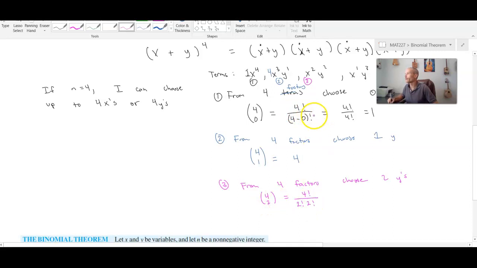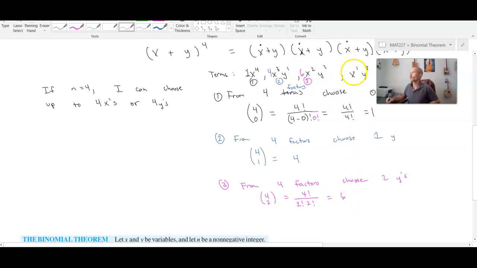And I think up here I forgot the 0 factorial term, and that's equal to 1. So this is 4 factorial over 4 factorial. And so this is going to come out to 6. 4 times 3 is 12 divided by 2 will give me 6. Again, you can use a calculator to compute this. So there are 6 different ways that I'm going to get an x squared, y squared term.